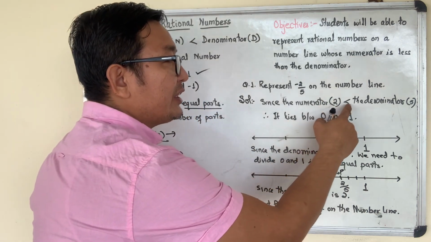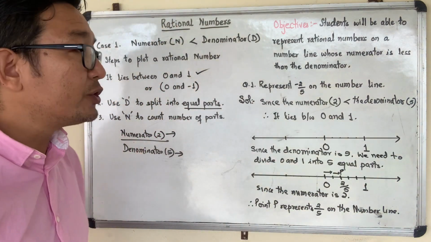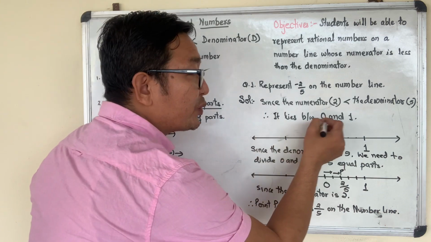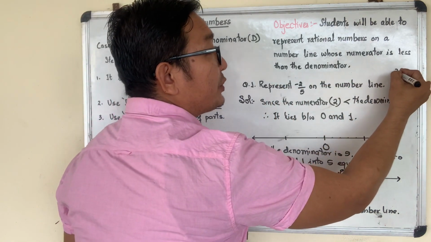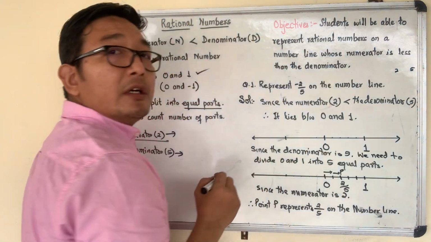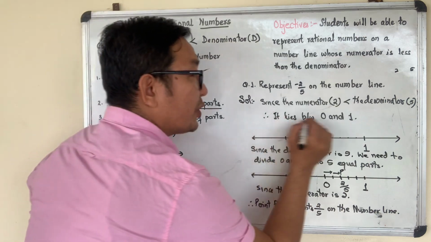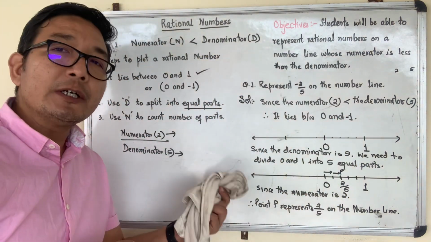Since the numerator 2 is less than the denominator 5, it lies between 0 and negative 1, because it is a negative rational number.